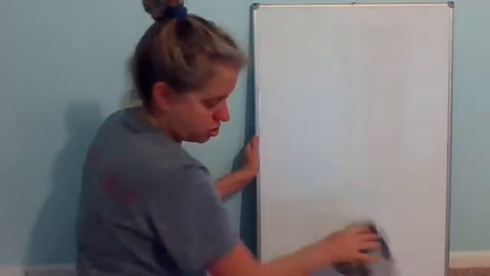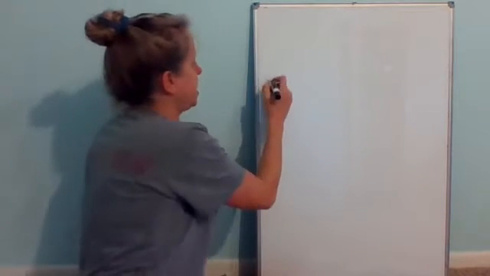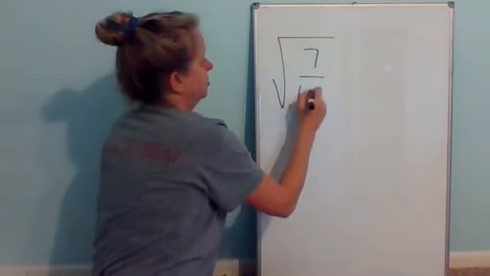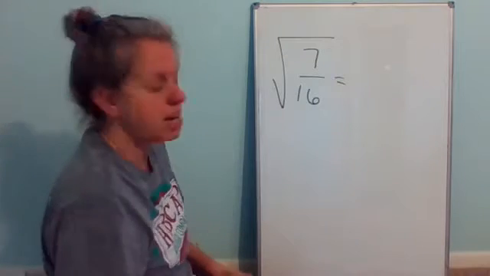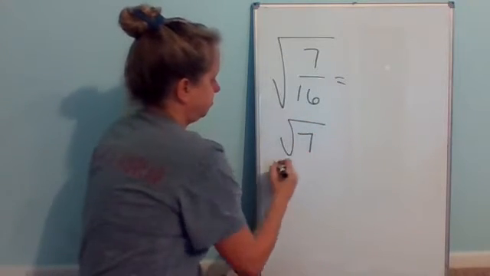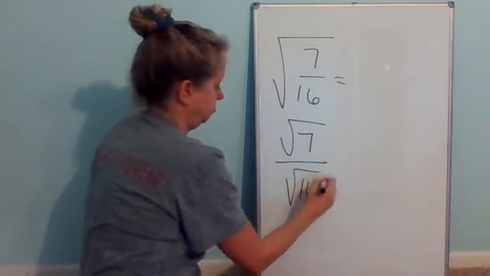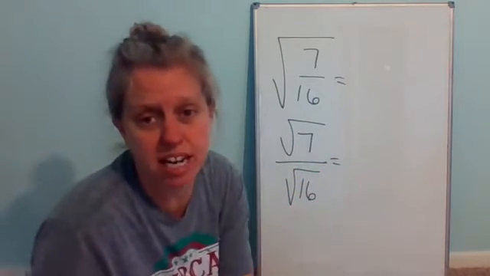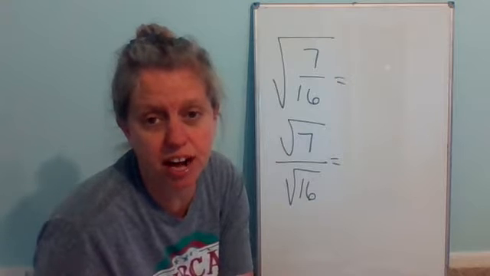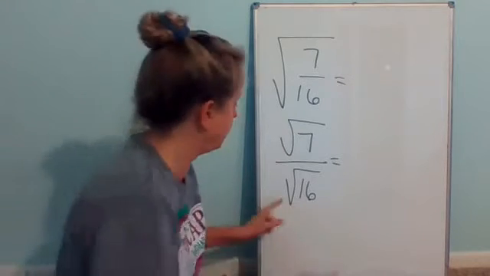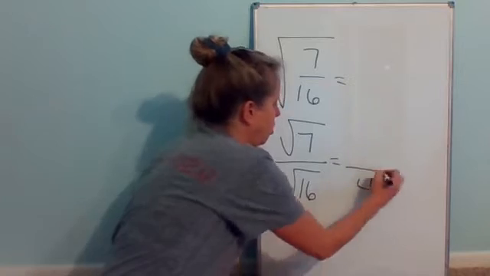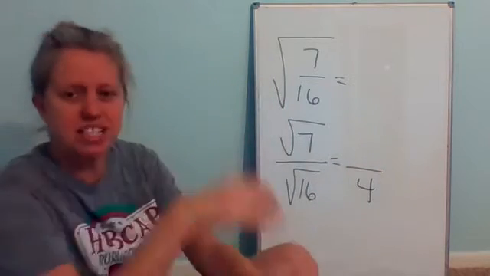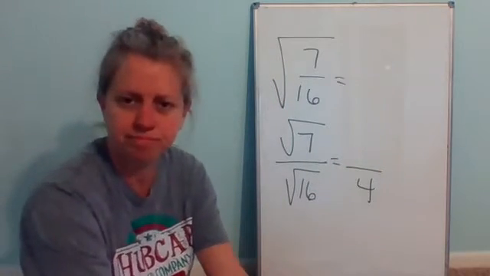Same thing on number 2. You've got the square root of 7/16. Well, I'm just going to separate that again. Okay, I know what the bottom is. The square root of 16 is 4, right? I can figure that out on my own. The number times itself that is 16 is 4. But what about this top? What times itself is 7?